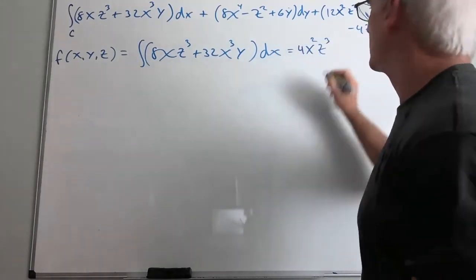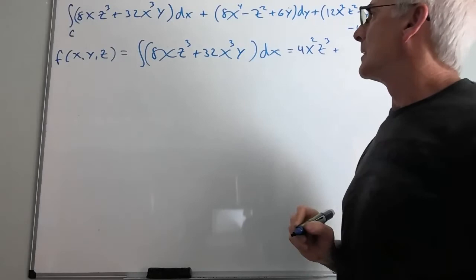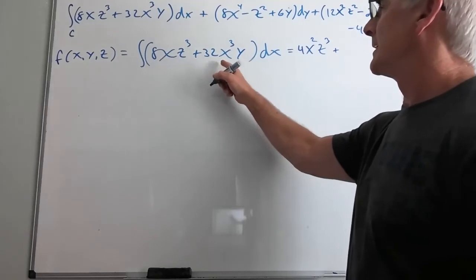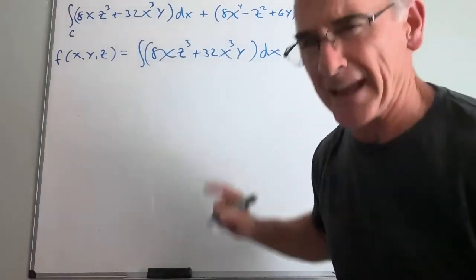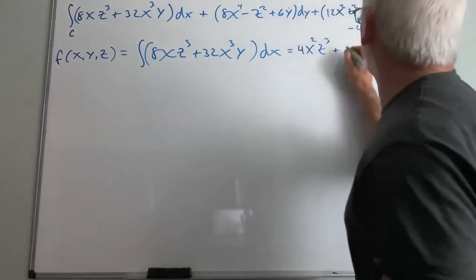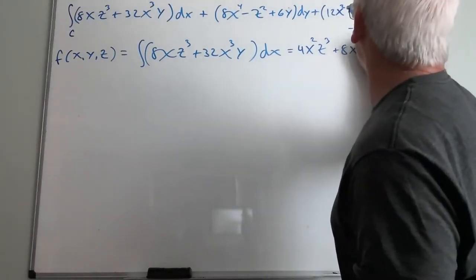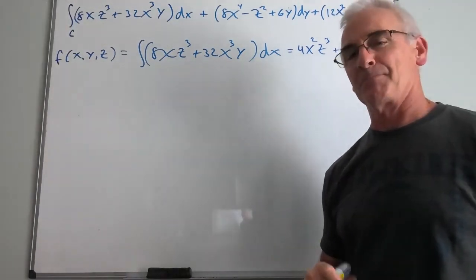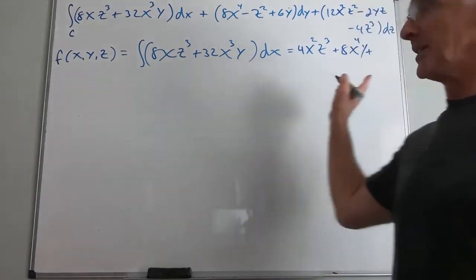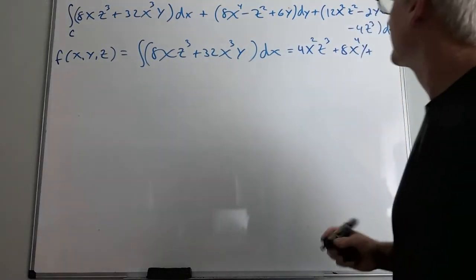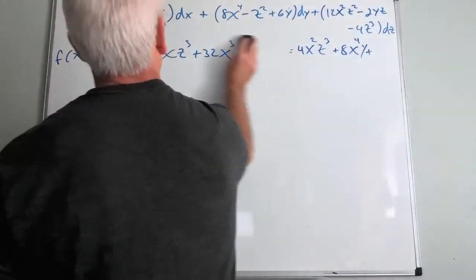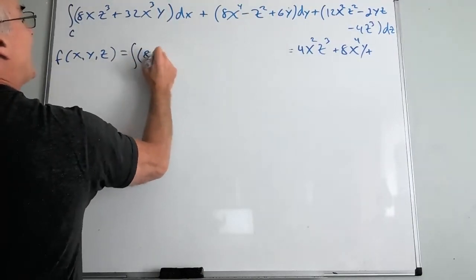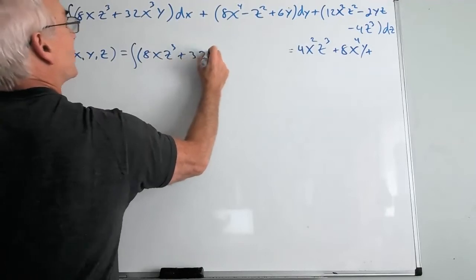Now about the second term, with respect to x of 32x cubed y? 8x to the fourth y, that's what I thought you said. 8x to the fourth y plus, and this is tricky. Think of what we did earlier. What do you think needs to go here? I'm going to make this a little bit smaller. You get a function of y and z. Function of y and z. Beautiful. That's exactly what goes there.